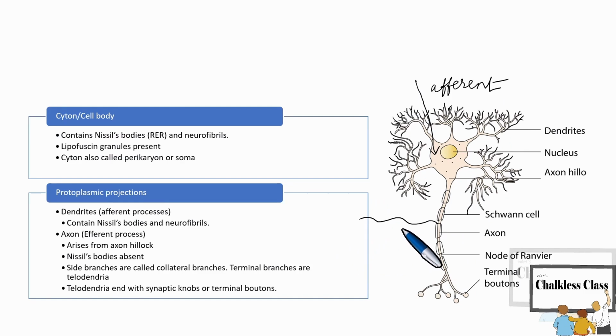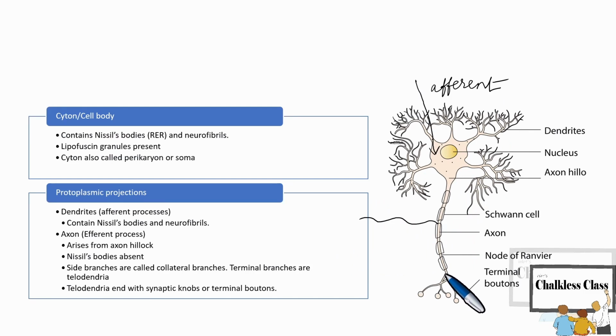Collateral glands are present in the cockroach, and the collateral branch is related to the neuron. The neuron's axon side branch is a collateral branch. And these axons have neurofibrils, but Nissl's granules are absent in the axon.